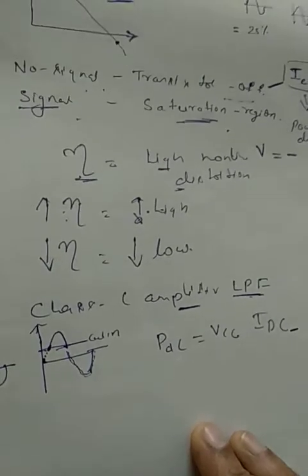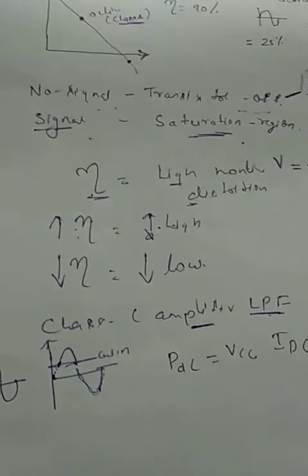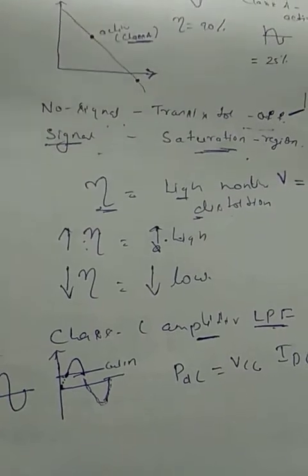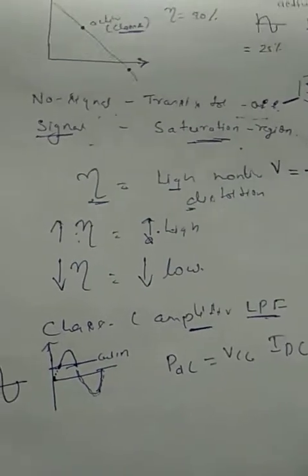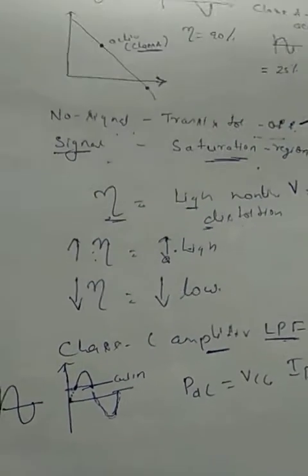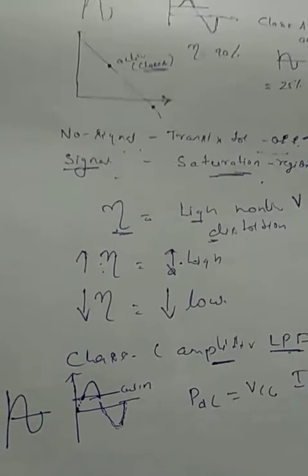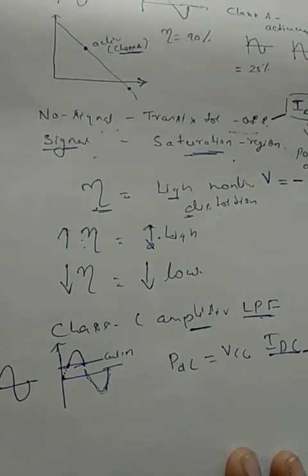Due to the blocking capacitor, since we have used a filter at the output side, the capacitor blocks, so the same current IDC flows through the transistor when it is in the saturation region.